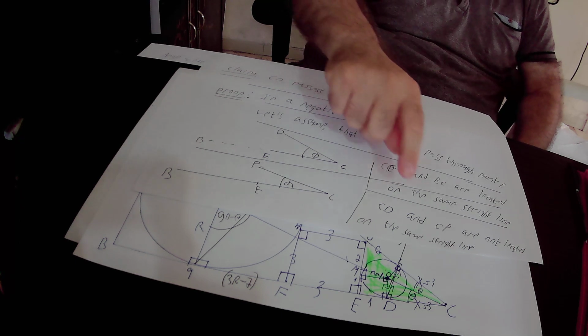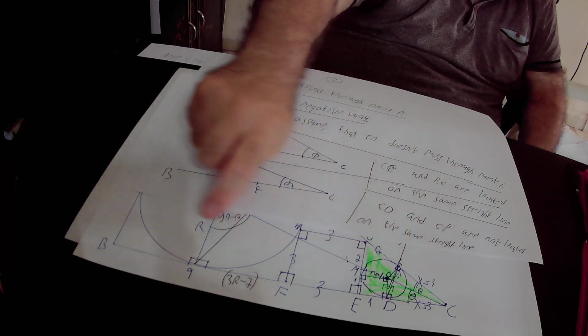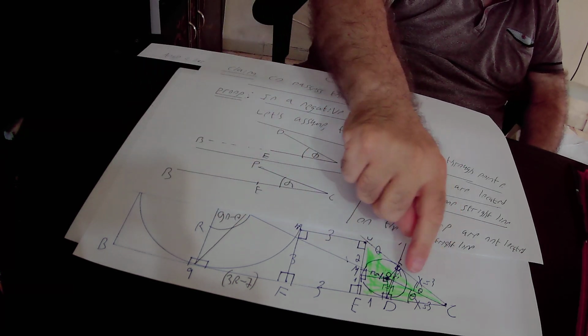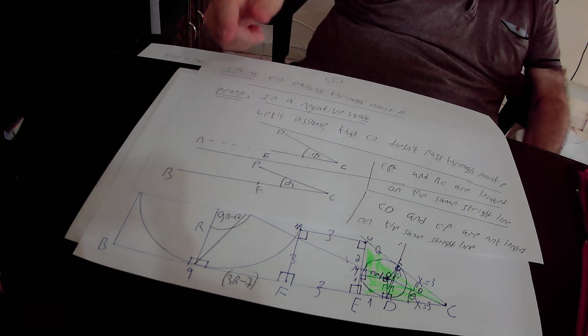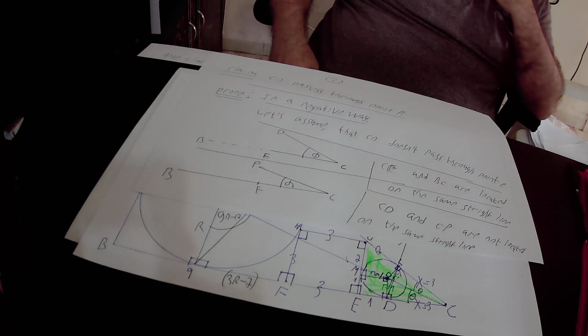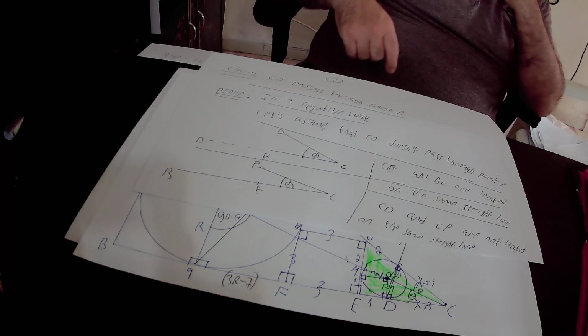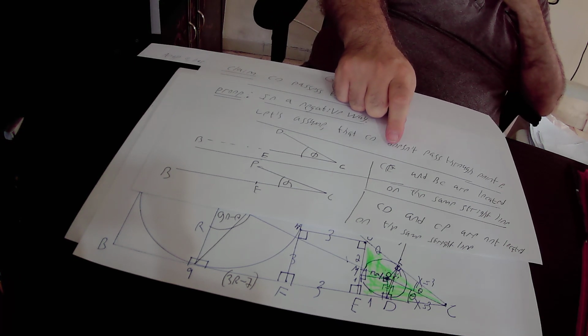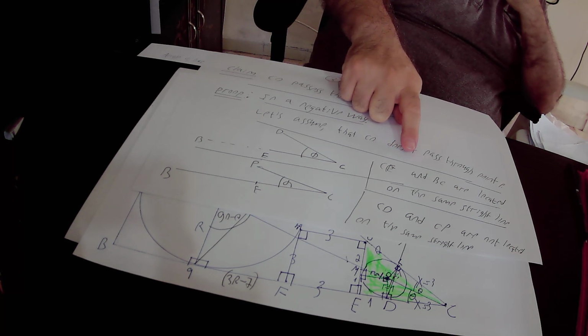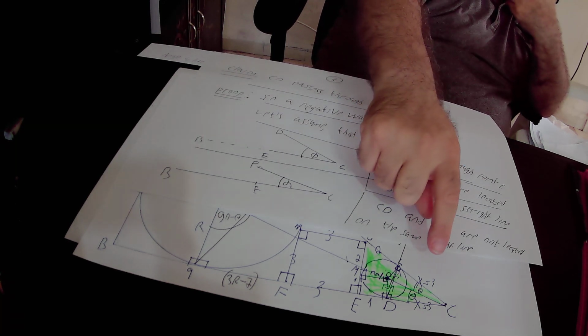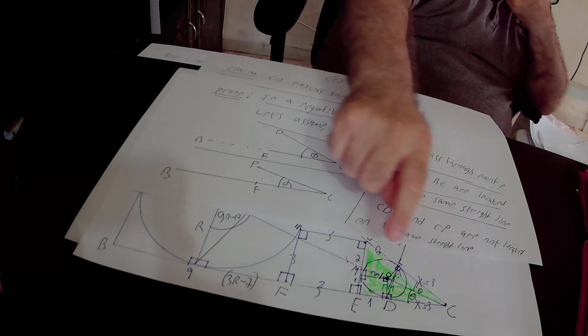So if leg CE of the angle is part of CB, it means that CE and CB are both located on the same straight line. Okay? So we can write down that CE and CB or BC, they are both located on the same straight line because of the fact that CE is part of CB.